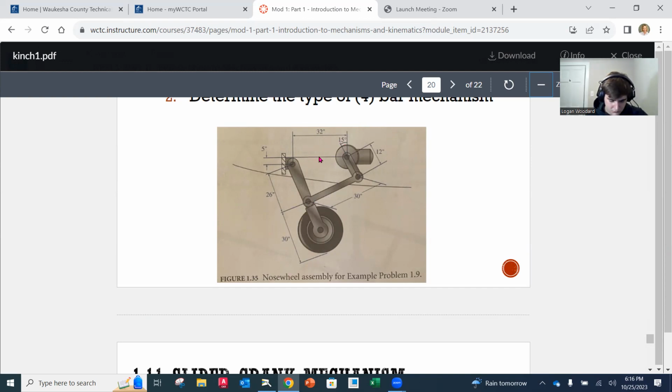So we know it's a crank on this side, but it is a crank rocker because this is going to oscillate back and forth, either going up or going down. So a crank rocker in this case. Yeah. Okay. All right.